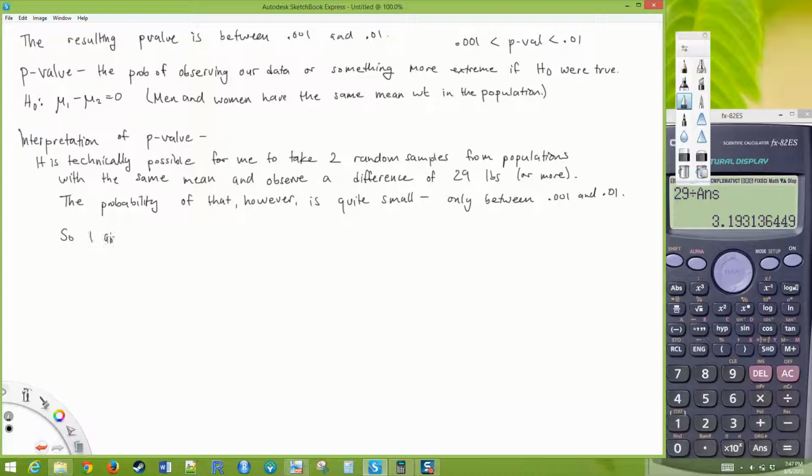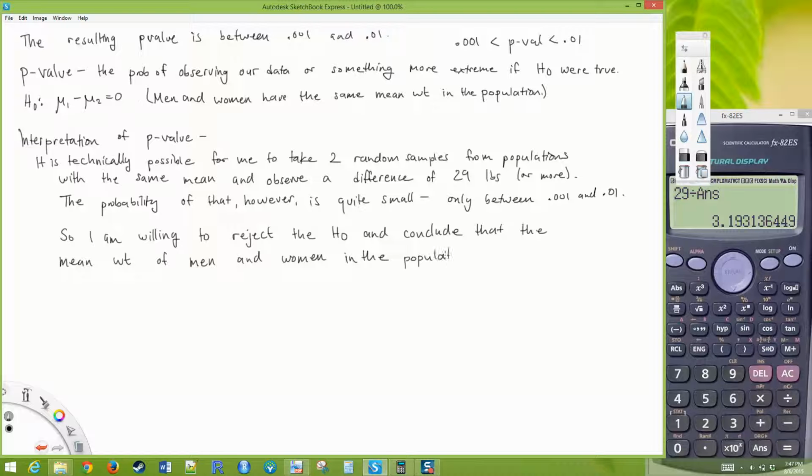So I am willing to reject the null hypothesis and conclude that the mean weights of men and women in the population are different.